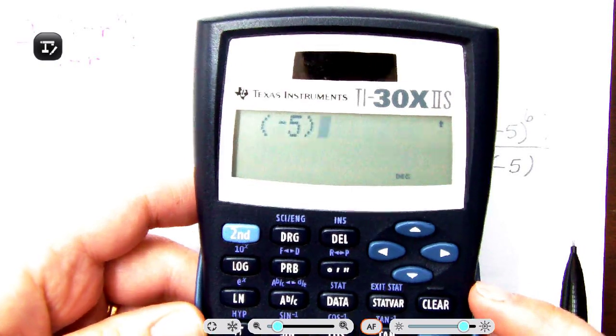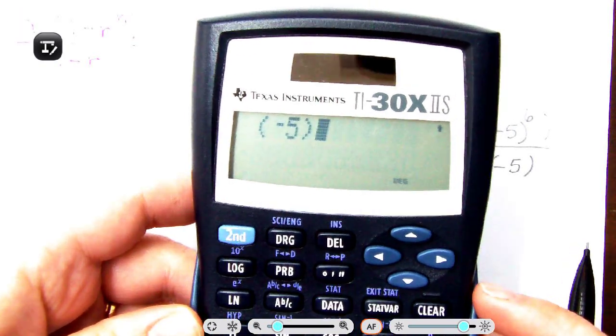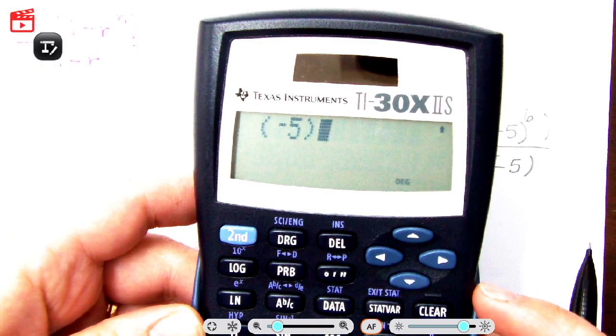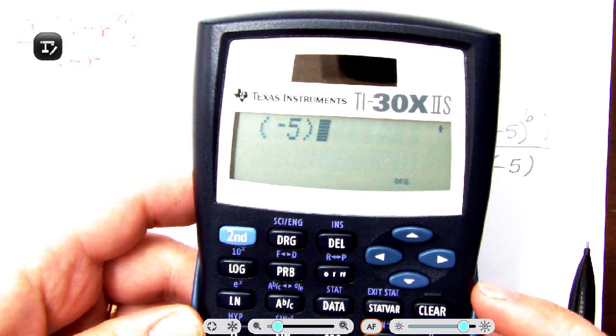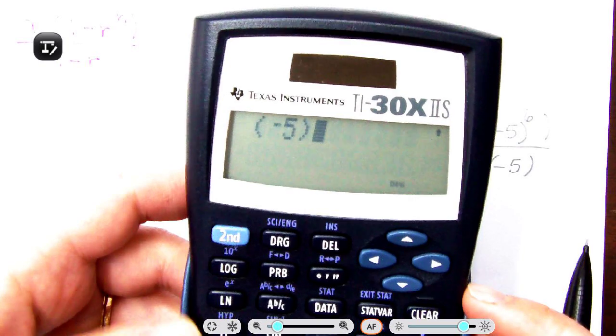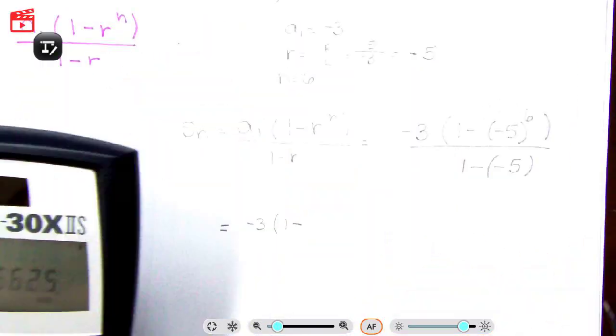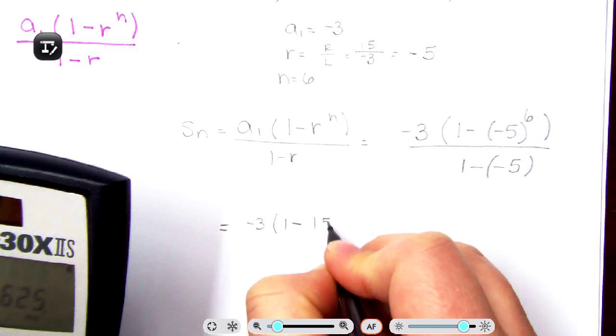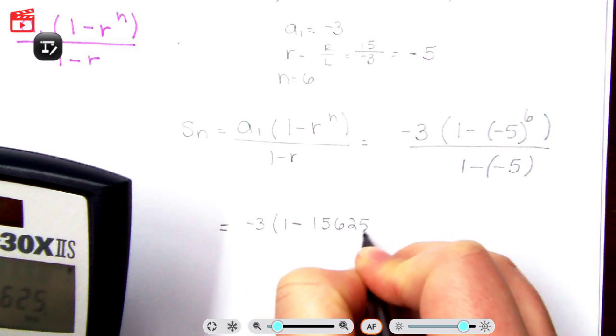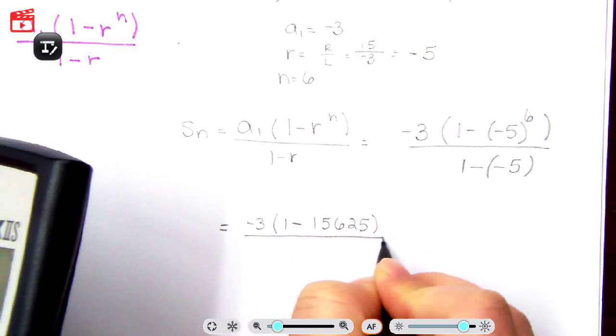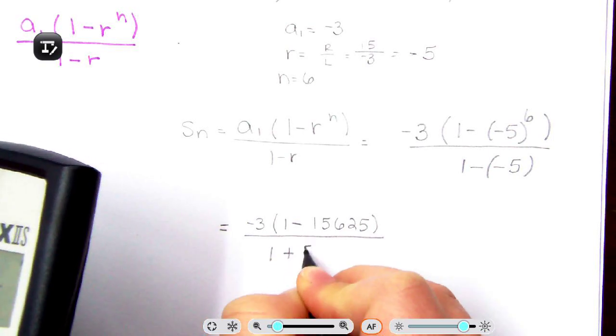If you do it the other way, your calculator will assume that negative is a negative 1 being multiplied after you have raised it to that power. So negative 5 to the 6th power is a big number. It is 15,625. That's all divided by 1 plus 5.